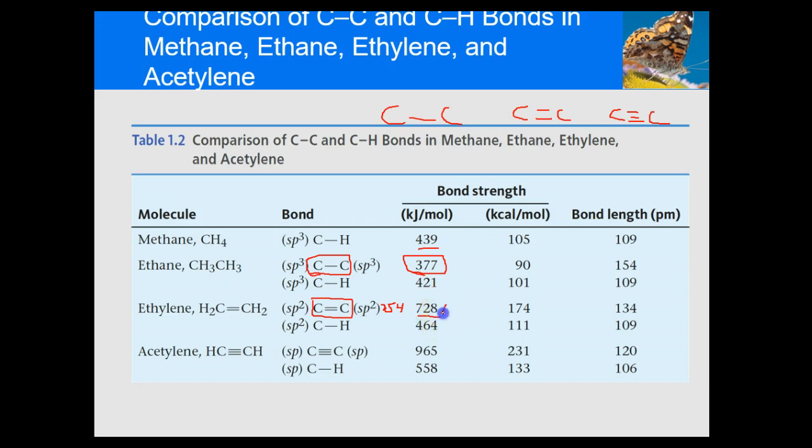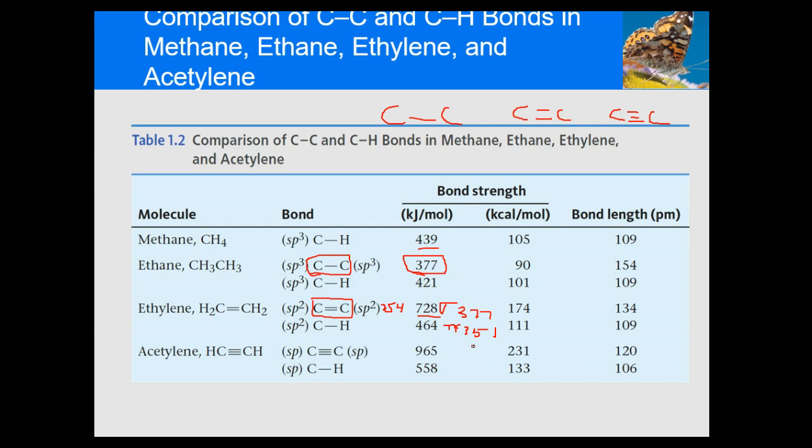Well, it's because our sigma bond is 377. Okay, but the pi bond, I did these calculations, is 351. How did I get that? I just took 728, subtracted 377, whatever was left over is the amount of energy in the pi bond. So notice the pi bond is what, 26 kilojoules per mole weaker?